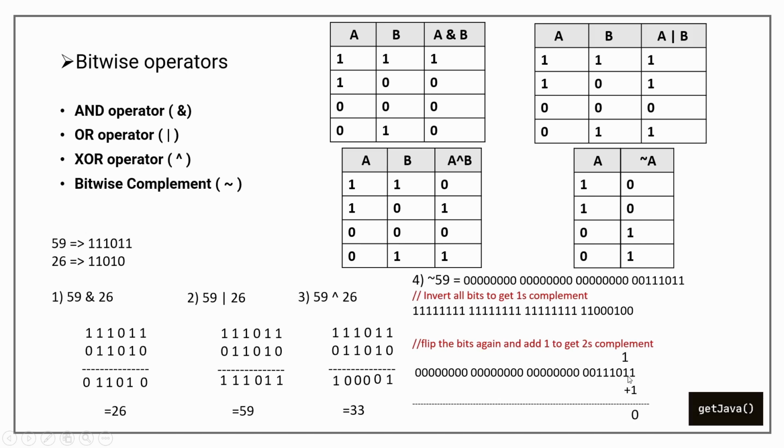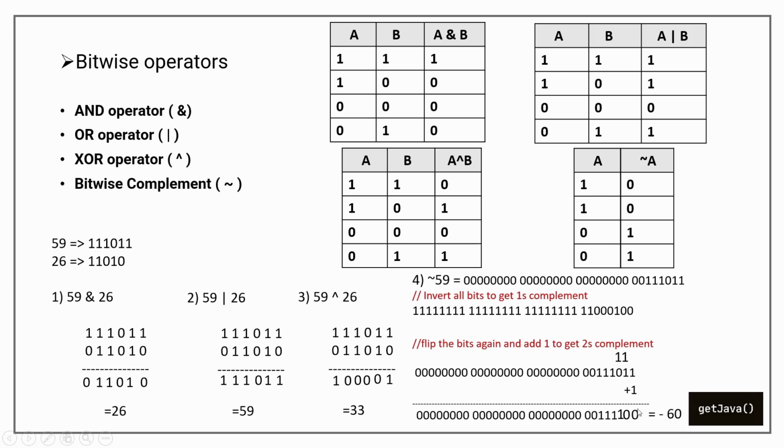So again 1 plus 1, 10. 0 will be here. 1 will be carry. Again 1 plus 0. 1 plus 0 is 1. So 1. Now 1 as it is, we will write the entire number because we don't have anything to add. So this is the output which we will get when we do complement of 59.